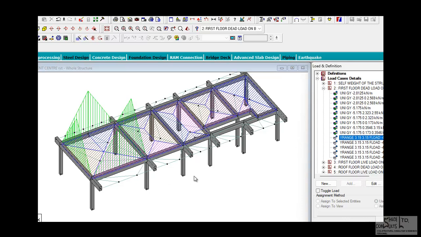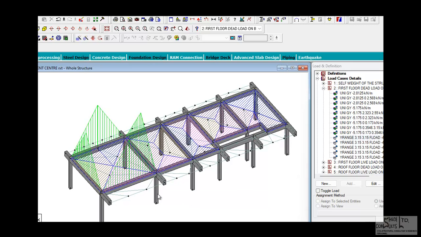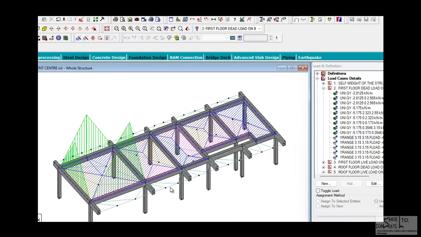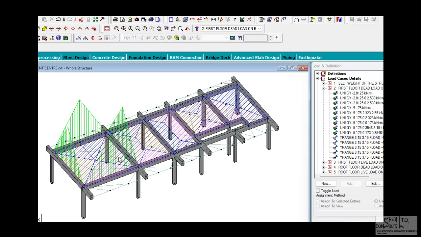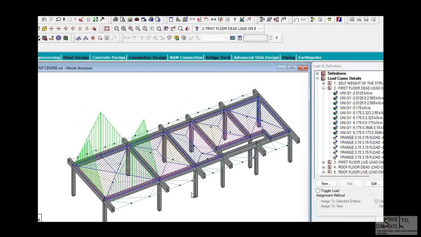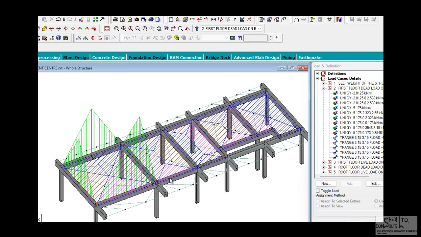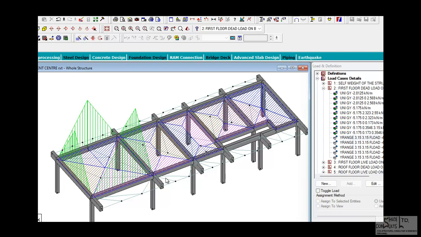So typically STAAD intelligently derives the loads and transfers them to the boundary beams in line with the failure yield line theory of the corresponding slab. So once you define the location of the slab panel in space, irrespective of the slab's geometry, without modeling the slab, STAAD automatically transfers the loads from the slab to the beam.